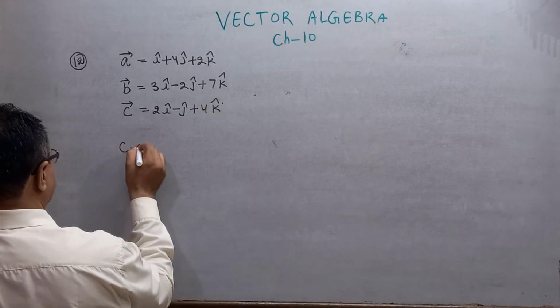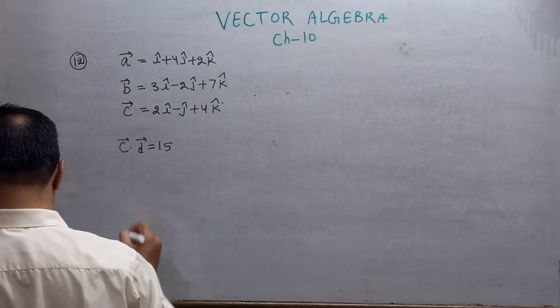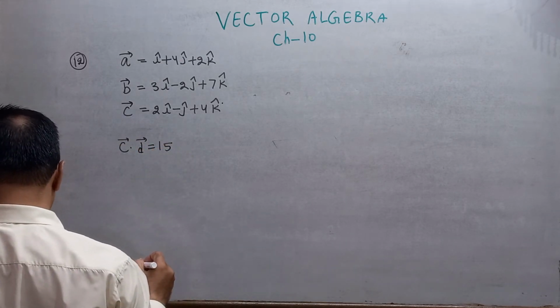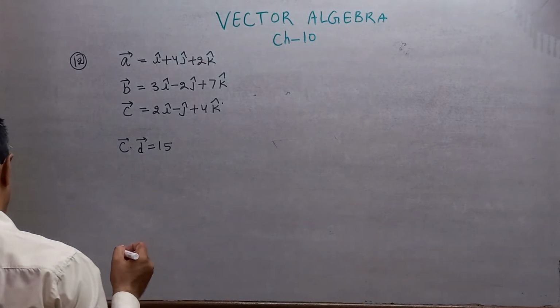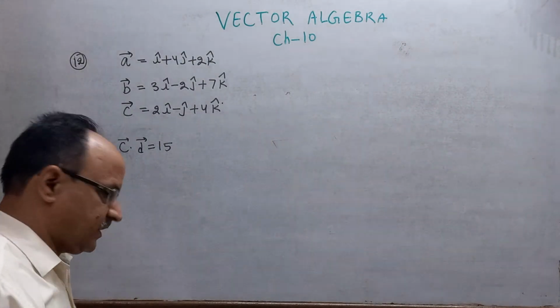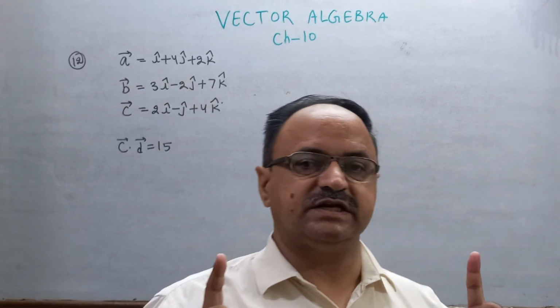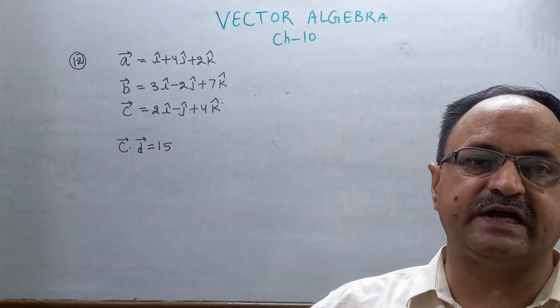You know that given vector C dot D is equal to 15 and vector D is perpendicular to both A and B. This is the question of miscellaneous exercise.